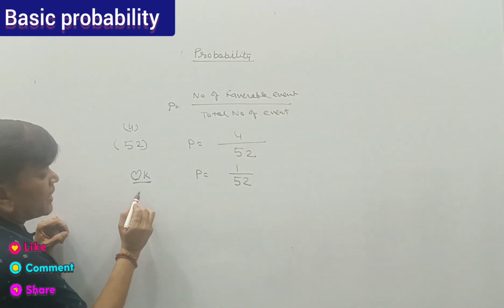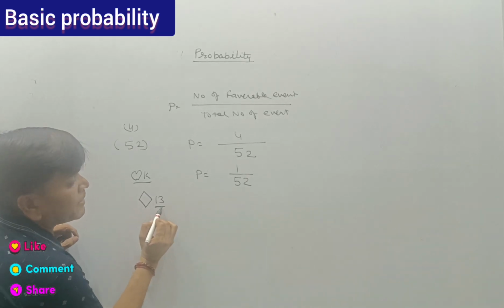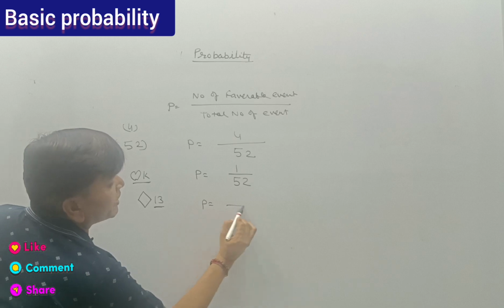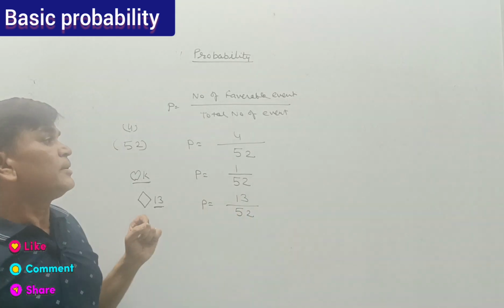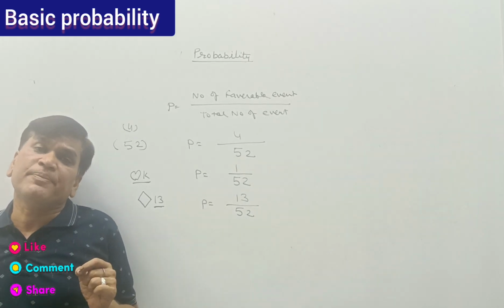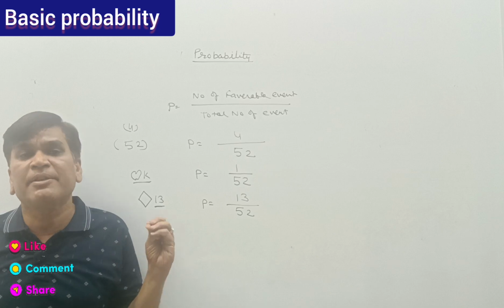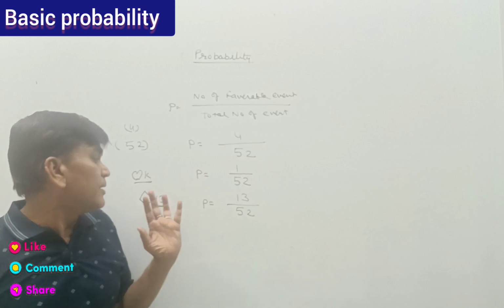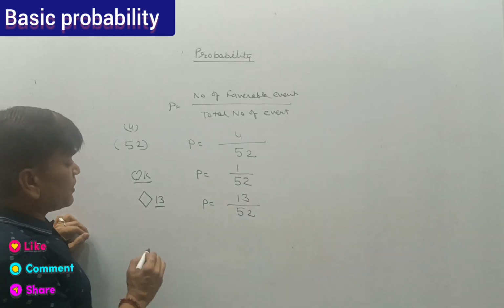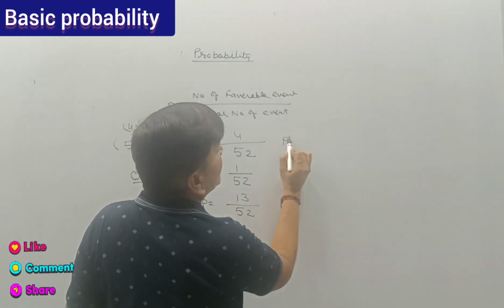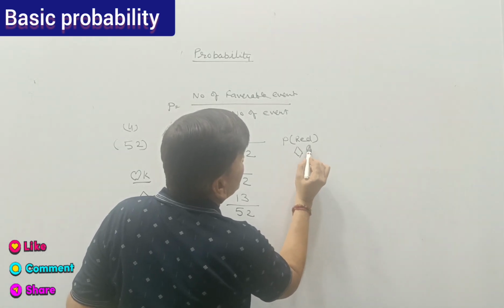If they ask for a card of diamond, there are 13 cards of diamond in a pack of 52 cards, so 13 divided by 52. For getting probability, we use the formula: number of favorable events divided by total number of events. If they want the probability of getting a red card, red has 2 suits, one is diamond, the second is heart.